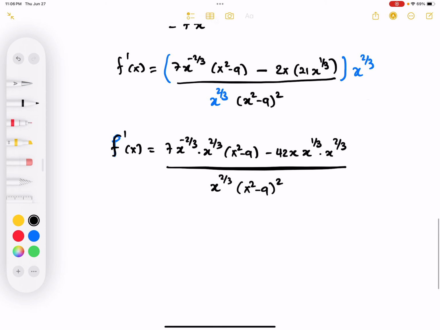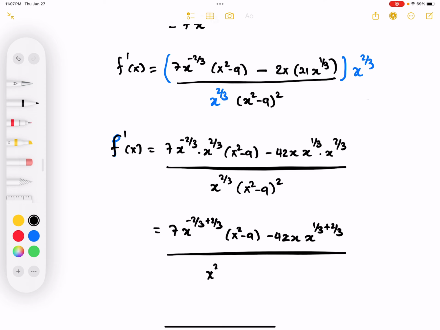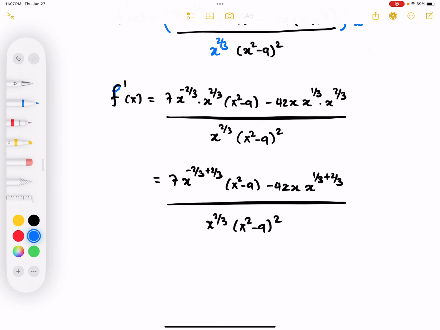There are several x's on top, but we can simplify them. x to the power minus 2/3 plus 2/3 is 0, which means just 1.